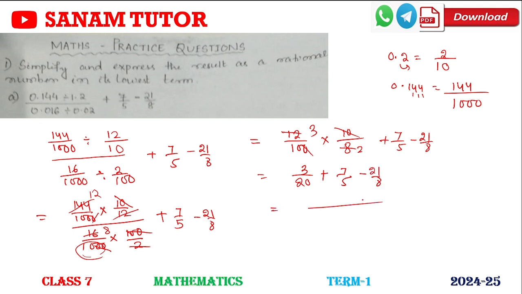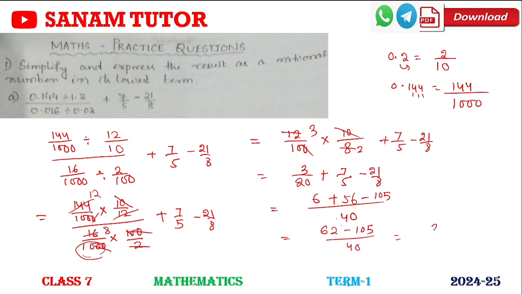Now again take the LCM as 40, because the LCM of 20, 5 and 8 is 40. So 20 twos are 40, 3 twos are 6, plus 5 eights are 40, 7 eights are 56, minus 8 fives are 40, 5 twenty-ones are 105. Now solve: 56 plus 6 is 62, minus 105, divided by 40.